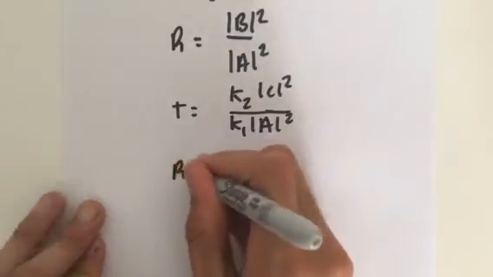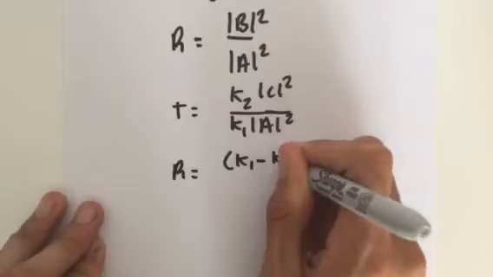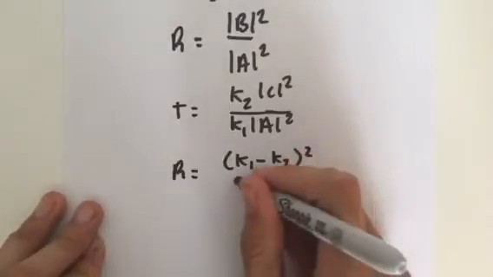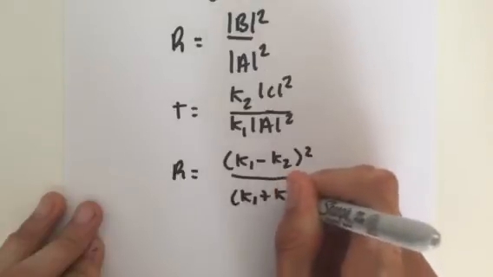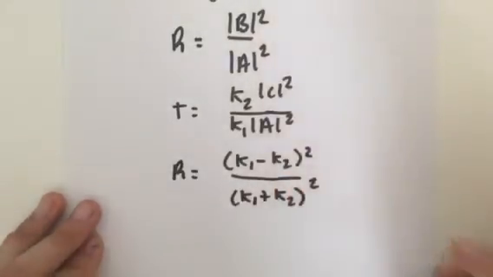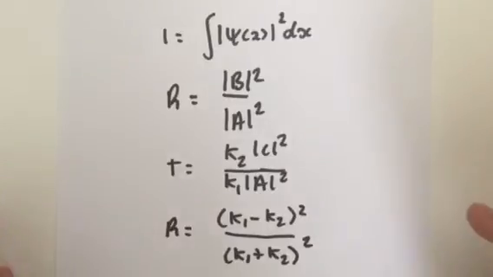R is equal to (k1 minus k2) squared divided by (k1 plus k2) squared. Simple.